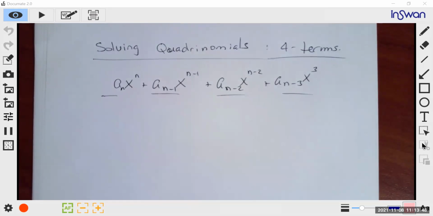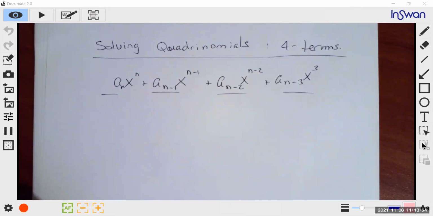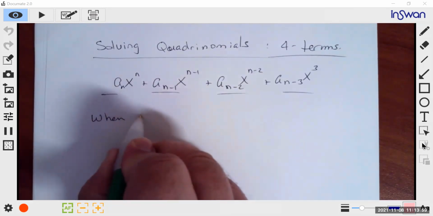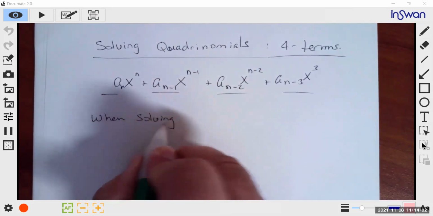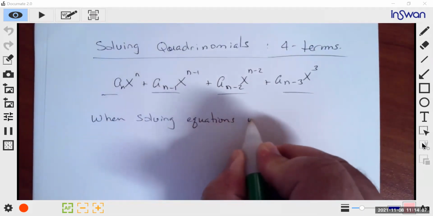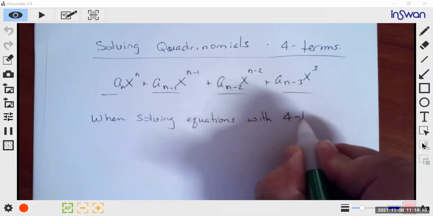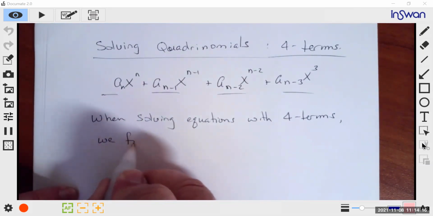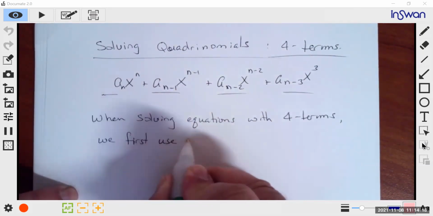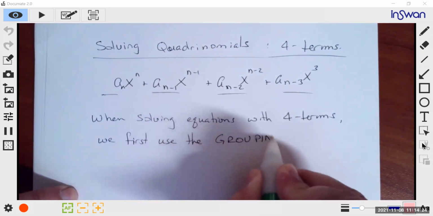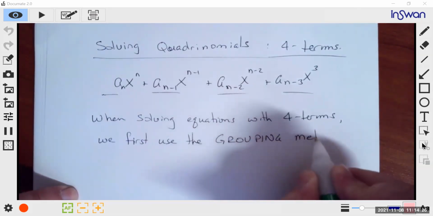Only 4 terms. When solving equations with 4 terms, we first use the grouping method.